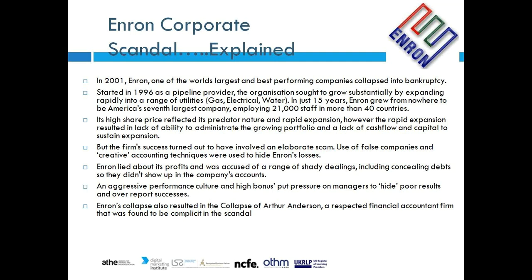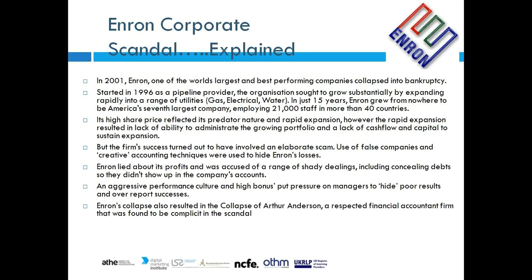But the firm's success turned out to have involved an elaborate scheme: manipulating figures and giving false figures. Creative accounting techniques were used to hide Enron's losses. They recorded more credit sales, understated the expenses, and overstated the profit.